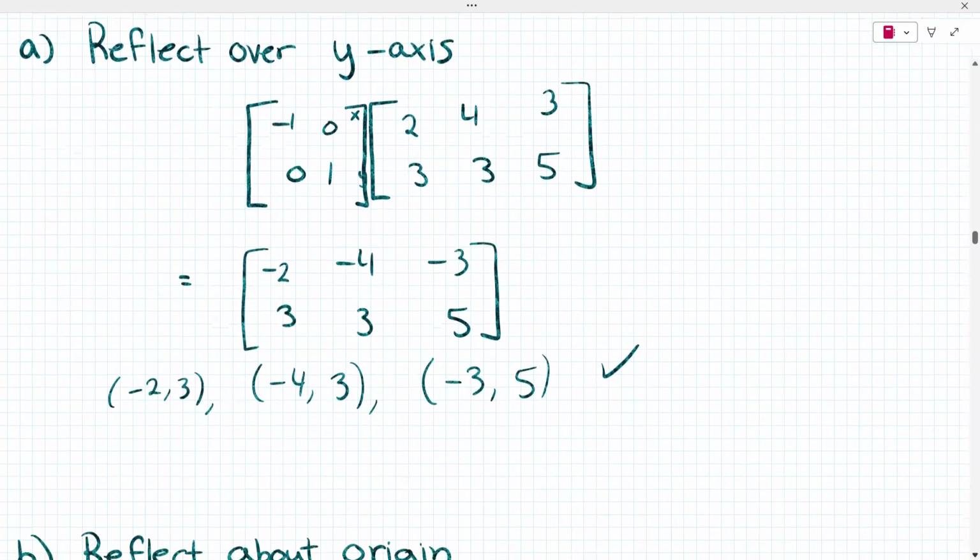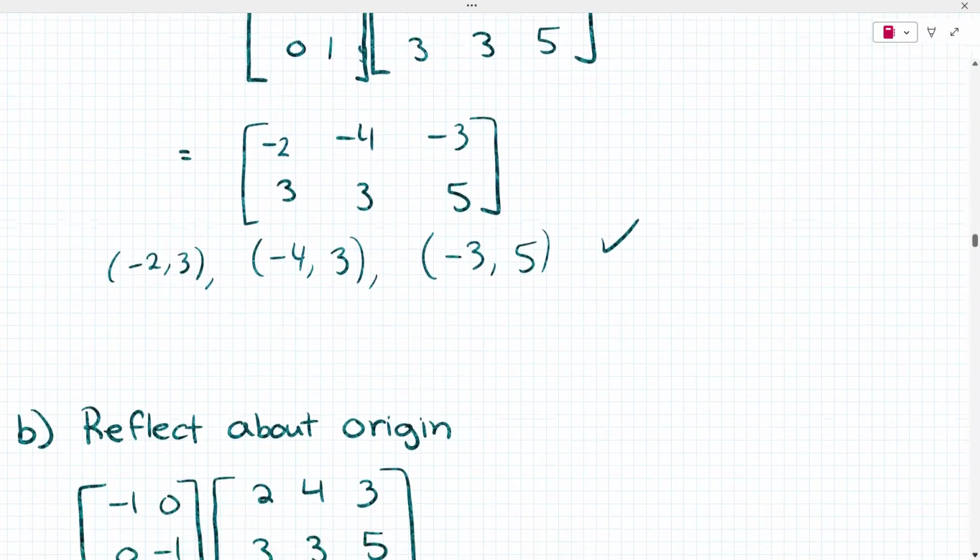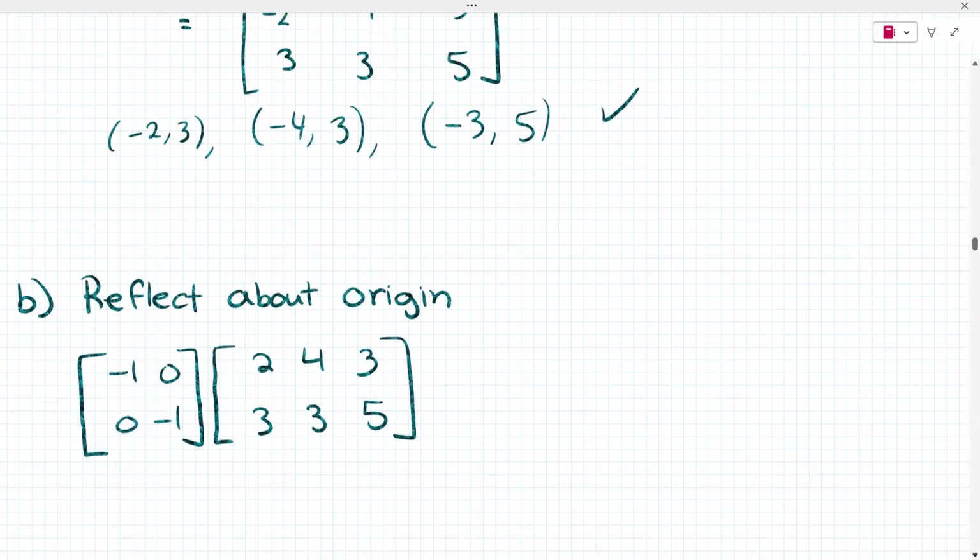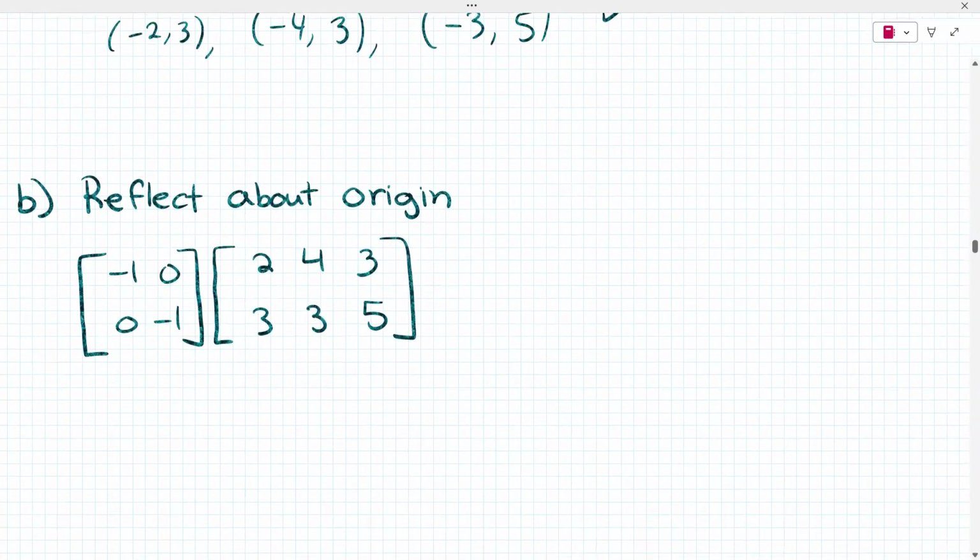Okay, let's do part B. Part B says reflected about the origin. I kind of did this one already. This is our original matrix, which came from our coordinates, going vertically: this is your x, this is your y. So 2, 3, 4, 3, 3, 5. According to the rule, reflection about the origin is the matrix -1, 0, 0, -1.